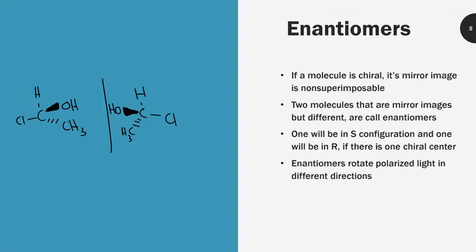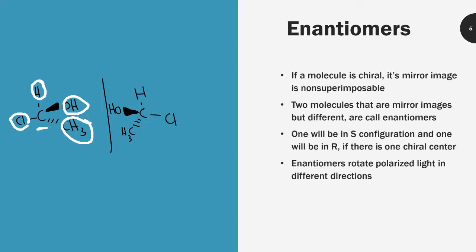So I have an example here of a pair of enantiomers. We have a chiral center here because this carbon has 4 different groups. Let me get my pen. So I have this carbon here, and it's connected to a methyl group, an OH group, a hydrogen, and a chloro group.